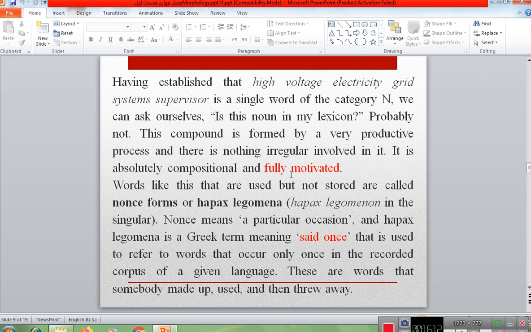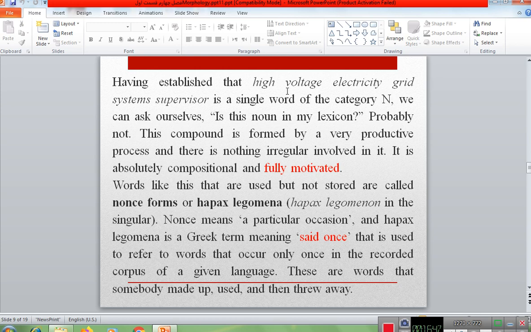Nonce means a particular occasion, and hapax legomena is a Greek term meaning "said once", that is used to refer to words that occur only once in the recorded corpus of a given language. The word that somebody made up, used, and then threw away. So we call these kinds of words, which we use once in our life and then throw away, nonce forms or hapax legomena.